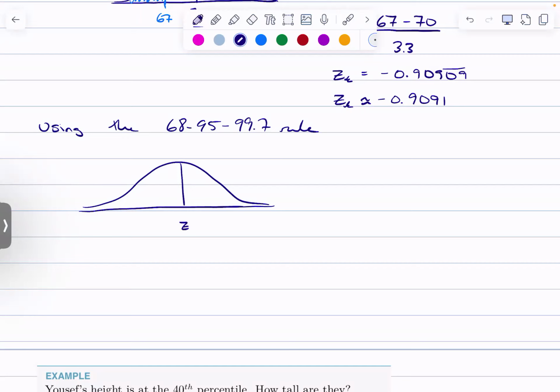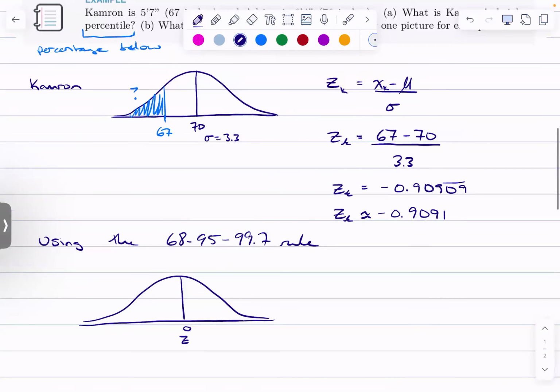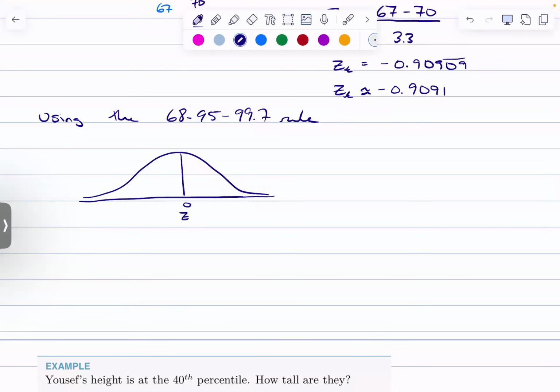Z is centered on 0, right? We said Z follows a normal distribution. And so all we've done really is taken all these heights and standardized them so that they're now on this standardized scale, and sigma is 1.